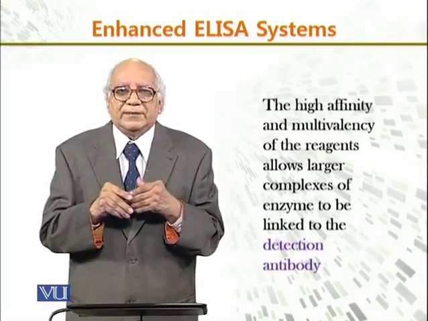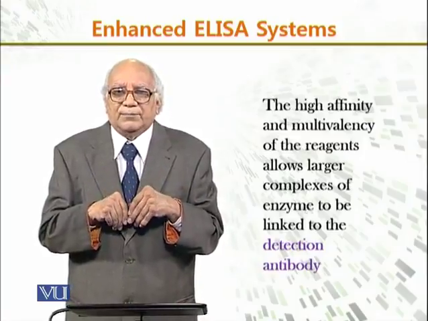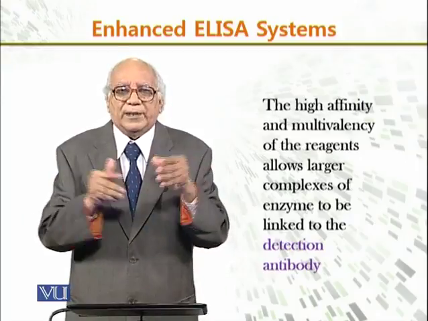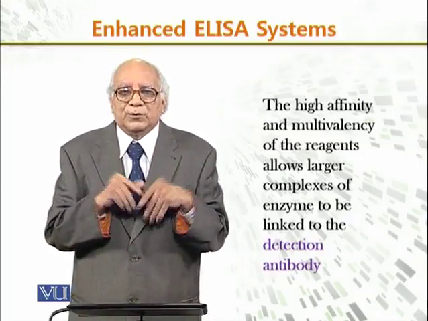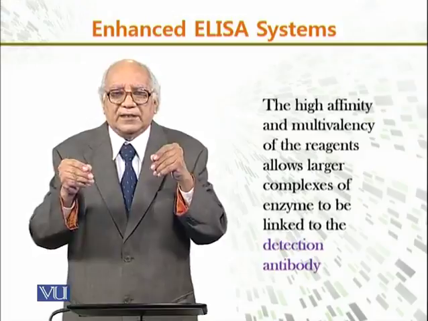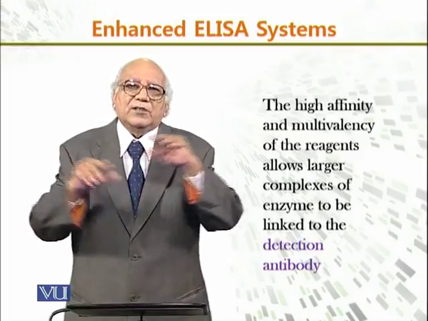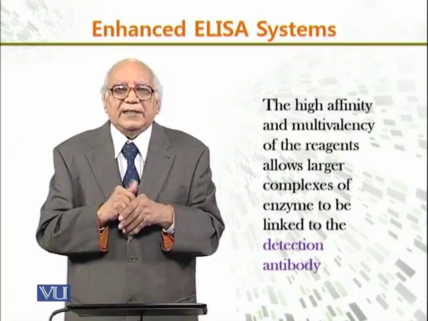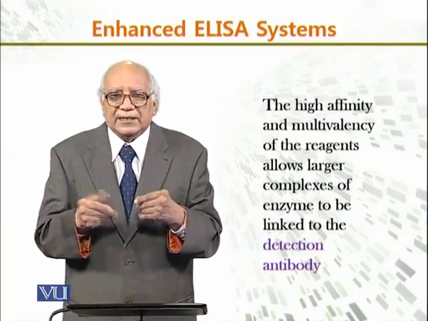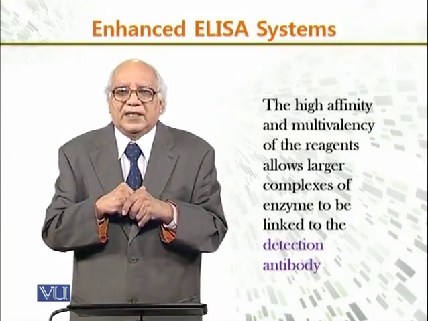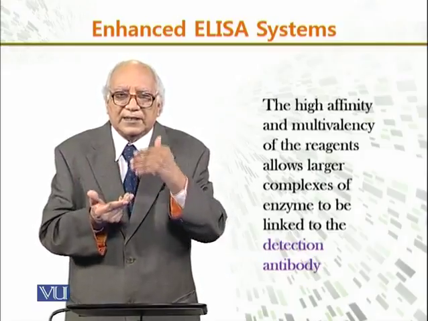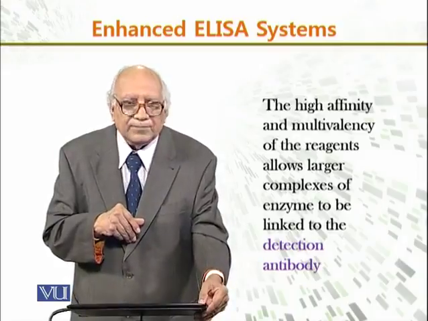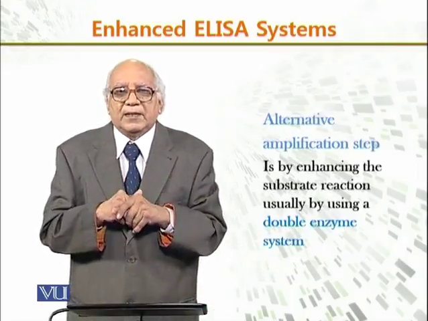The high affinity and the multivalency of the reagent allow larger complexes of the enzyme to be linked to the detection antibody. If larger complexes made by multivalent components are attached, it increases the linking power or the detection power of the antibody.